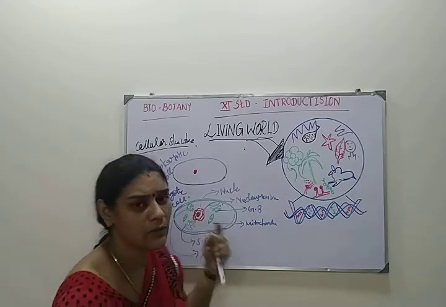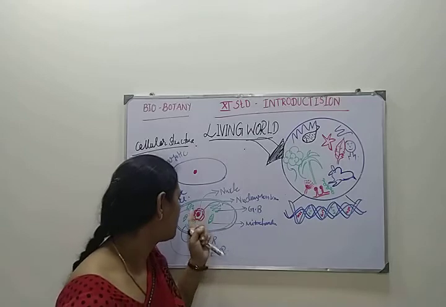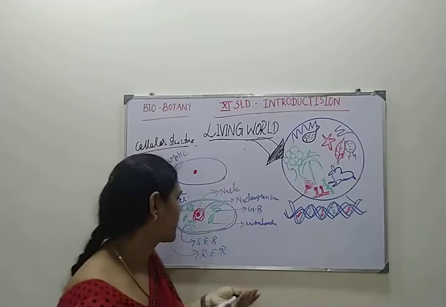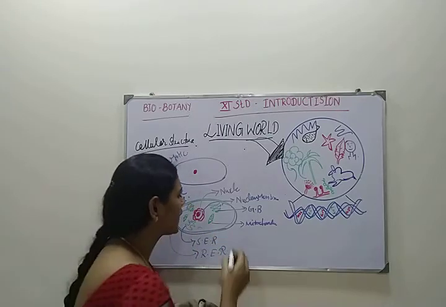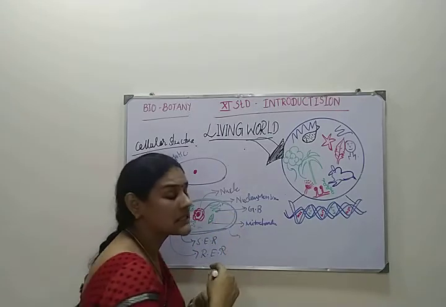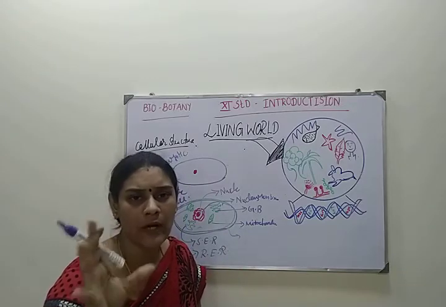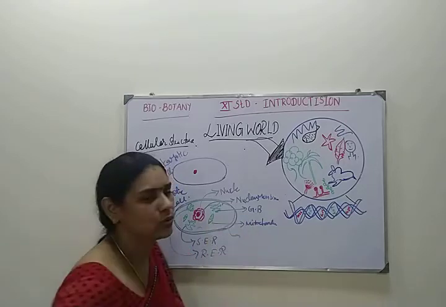The nucleus is covered by the nuclear membrane and the cell consists of Golgi bodies, mitochondria, rough endoplasmic reticulum, smooth endoplasmic reticulum, ribosomes and lysosomes. So many cell parts you have studied, right? Whatever you studied, plant cell or animal cell, all come under the type of eukaryotic cell.